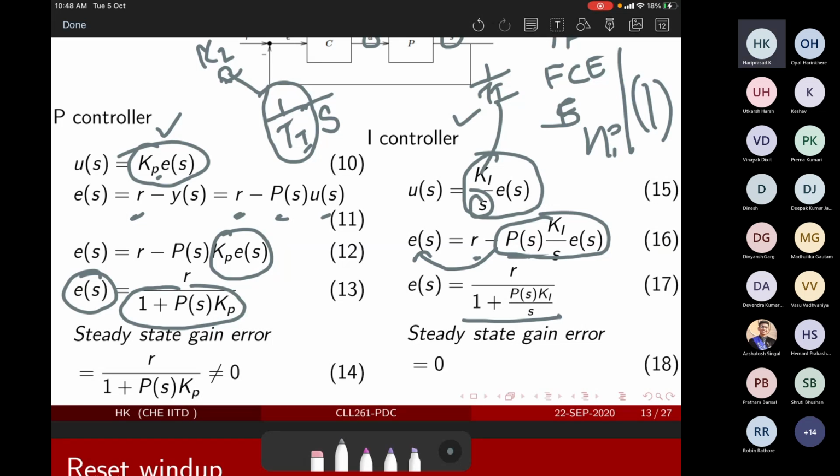Our aim is to make E of t go to 0, making the overall error 0.